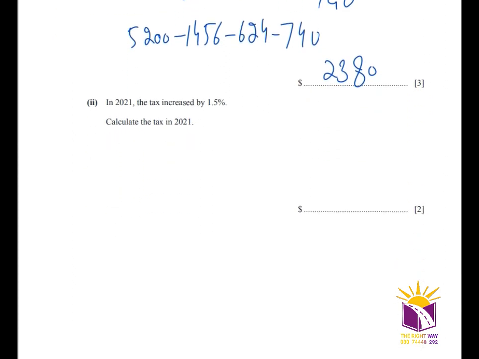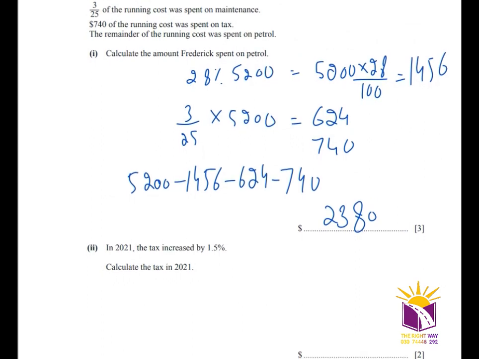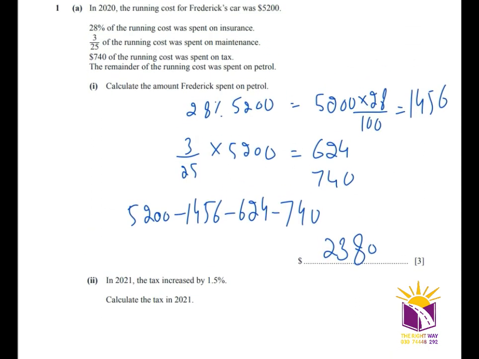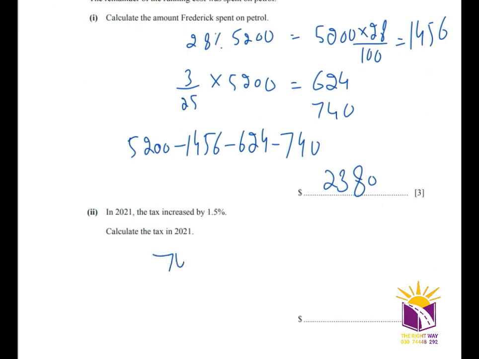In 2021, the tax increased by 1.5%. Calculate the tax in 2021. The tax is 740 in 2020, and it increased by 1.5%.